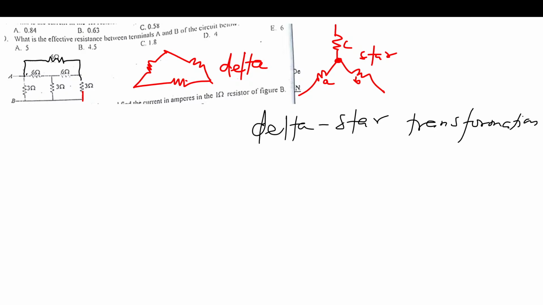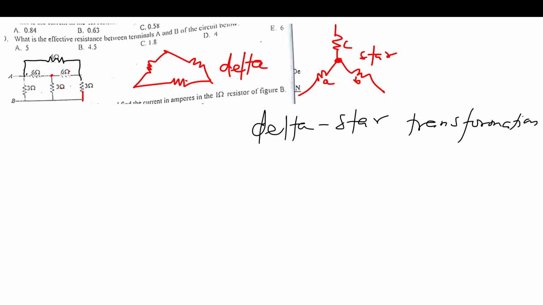So let's look at the question that has been given to us. Can we identify a star or a delta? I can identify a star connection here. This 6 here is connected to this 6 here, and also this 3 here. They are all connected at this common point here. So this is a star connection. So in delta star transformation, we are going to transform the star here to delta.